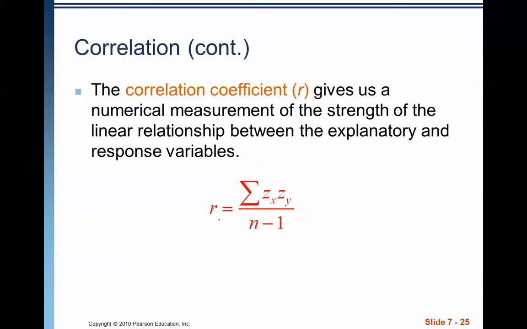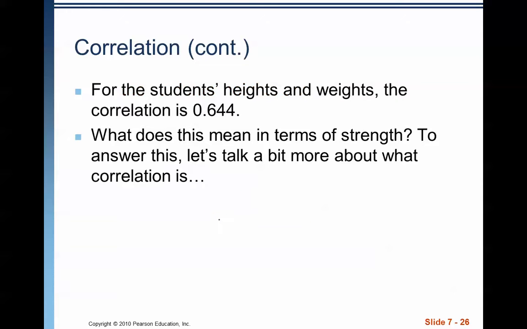But this number gives us a quantifiable strength of a linear relationship between these two variables. As it turns out, the heights and weights data has a correlation of 0.644 when you run it through that formula.